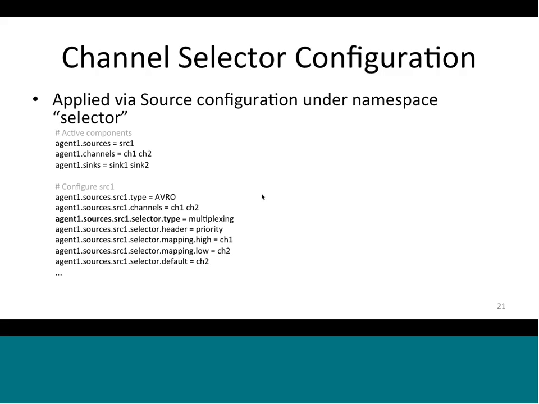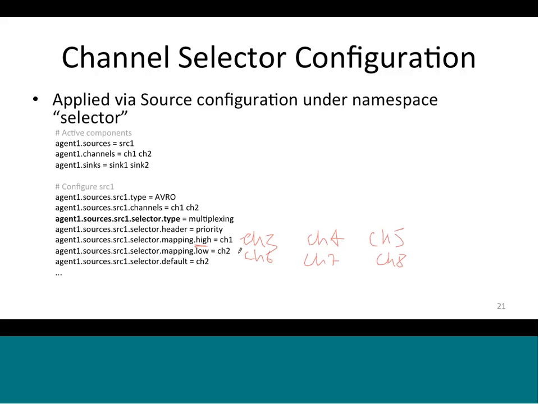So you can explode events. Now if I say replicating, instead of typing multiplexing, I don't need the header value. I just replicate. Now if I wanted to replicate the high event to 4 channels, I will say CH3, CH4, CH5, CH6, CH7, CH8.